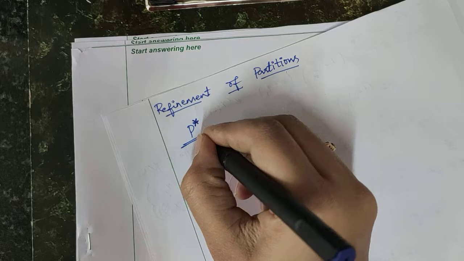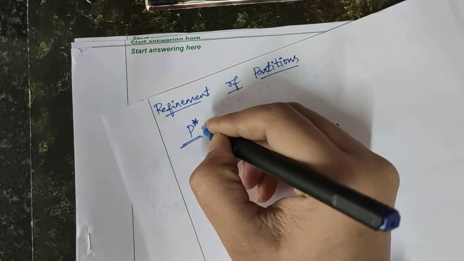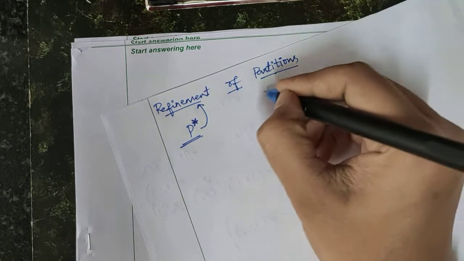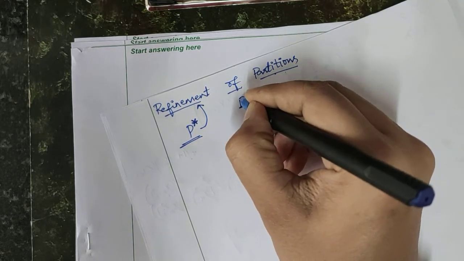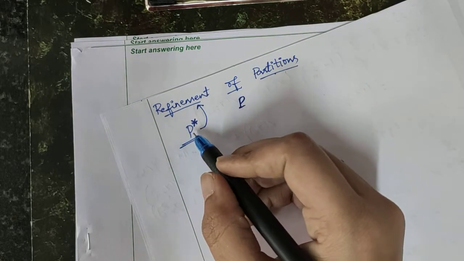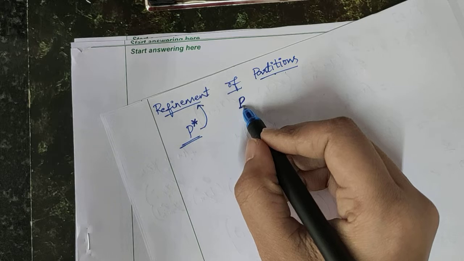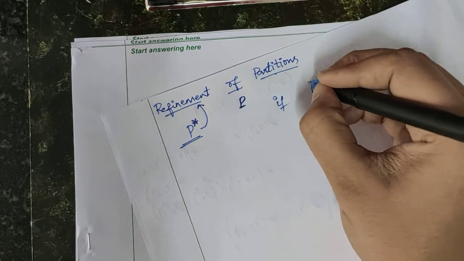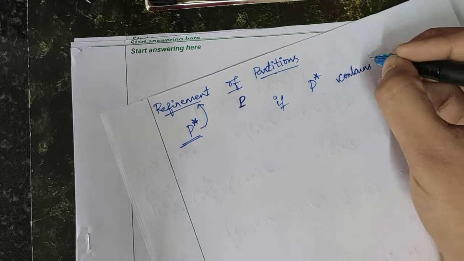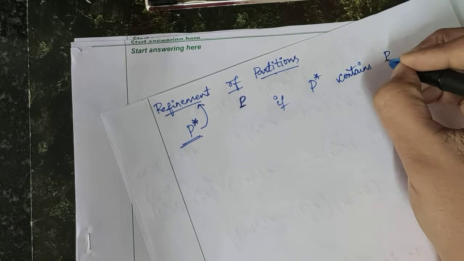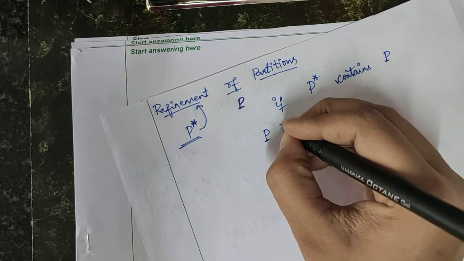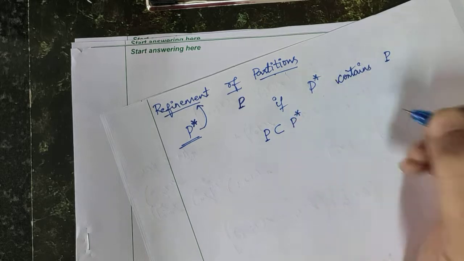This P star is a partition and I will call it a refinement of P. Initial partition is P, and I say P star is a refinement of P if P star contains P. I can represent that as P is a subset of P star.